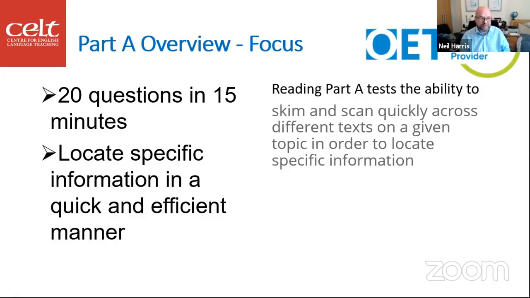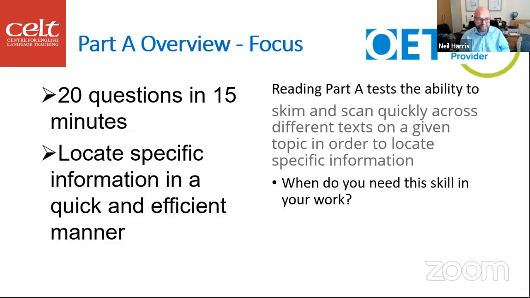The answer is you need to have the ability to skim and scan quickly across different texts. Remember that there are 4 texts in reading part A, so that you can find particular information which you copy directly in the case of the short answer and the sentence completion questions. For the first part of the test, you're just basically deciding which of the passages the questions come from.